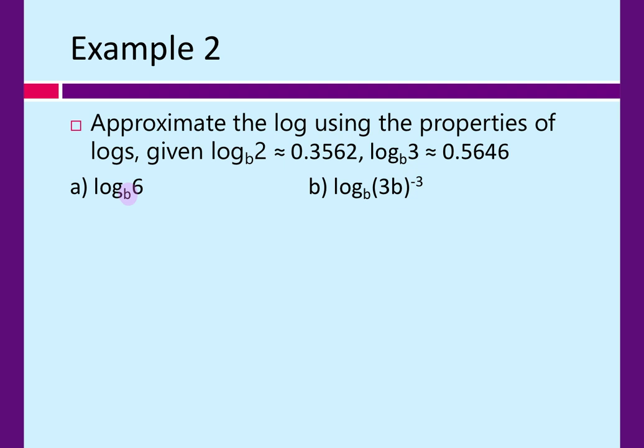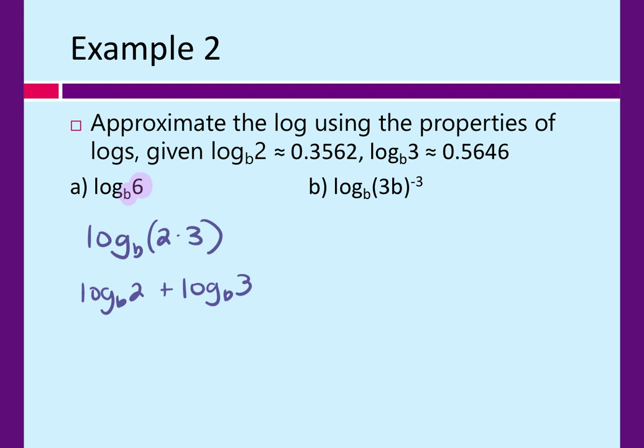So if you looked at log base b of 6, can you rewrite 6 in terms of 2 and 3? Yeah. It would be what? 2 times 3. So I would rewrite this as log base b of 2 times 3. Now use your expansion, right? Which if it's multiplication, it becomes addition.